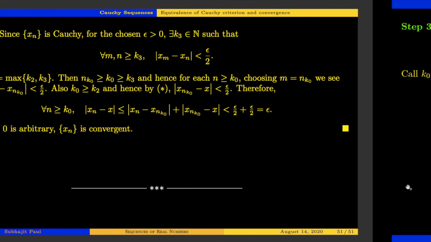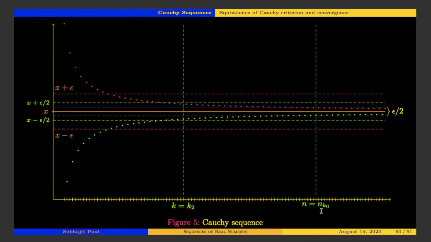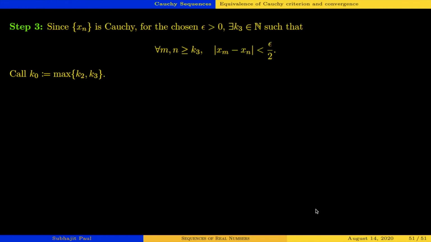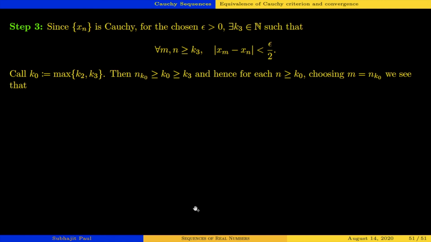So that is over here. This is my K3, this is my nk3, this is my nk naught, this is my k naught. So k naught is equal to the maximum of K2 and K3. Then nk naught is greater than or equal to k naught.